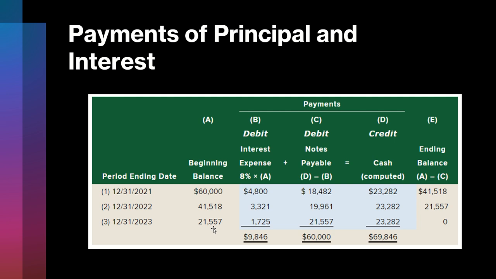Okay, so third year, December 31st, 2023, the new balance of $21,557, which is carried over from the previous year, multiplied by 8%, is the interest expense. That gives you $1,725.